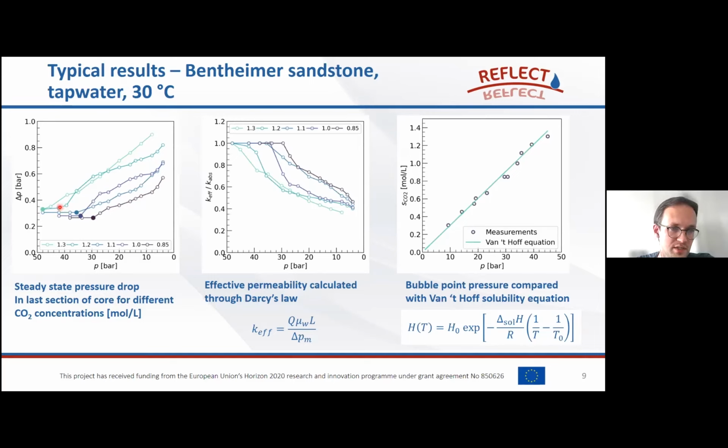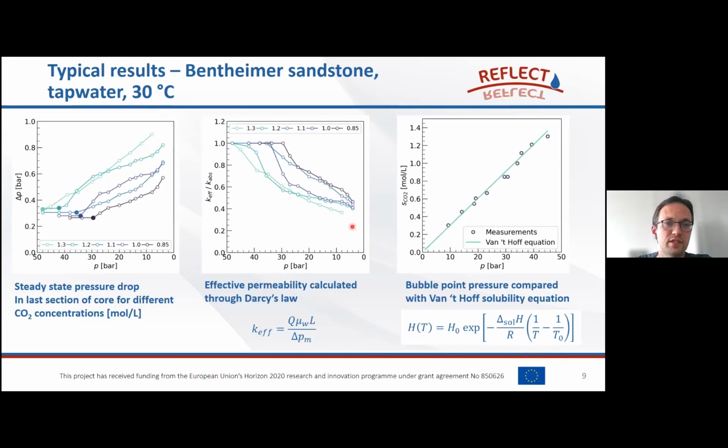So that is where the flow is no longer single phase, but starts to form bubbles inside the core. So here I'm plotting for different CO2 concentrations in mole per liter. I can also express that in terms of the effective permeability of the medium to see to which extent it is being blocked using Darcy's law. So essentially a higher pressure drop means lower effective permeability.